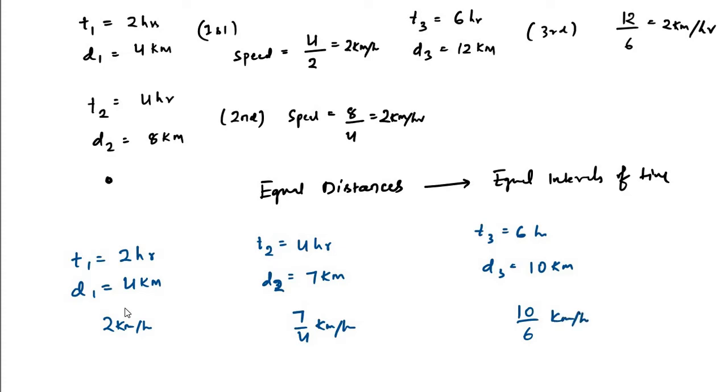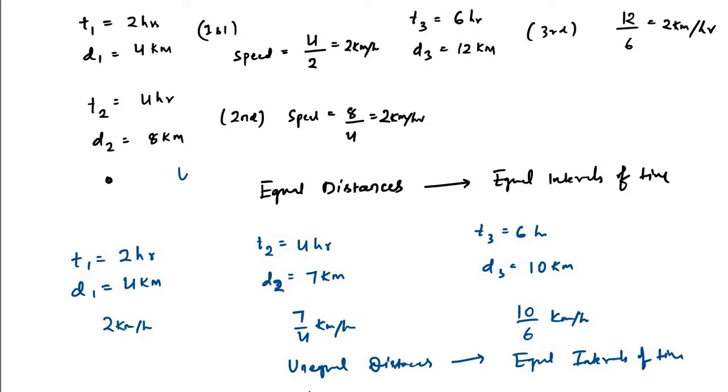So here the speed is changing. It is not covering equal distances in equal intervals of time, it is covering unequal distances in equal intervals of time. So this is variable speed, or non-uniform.